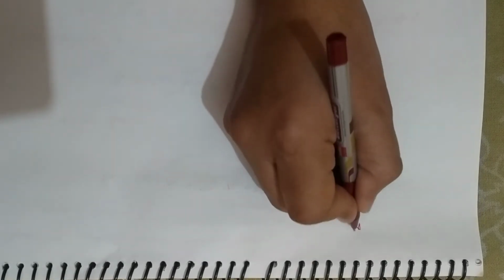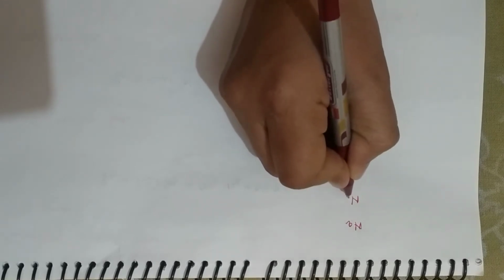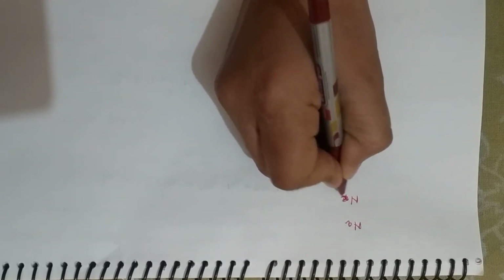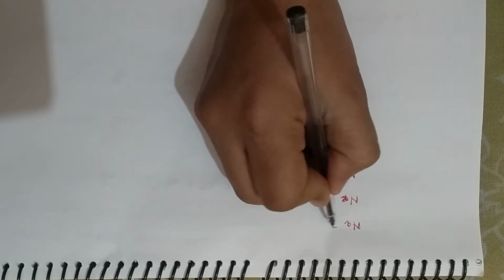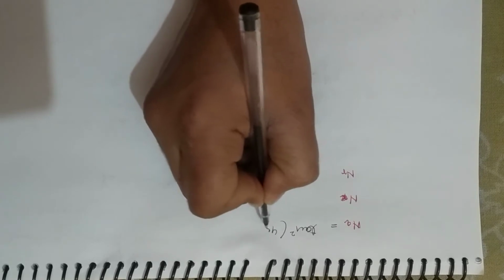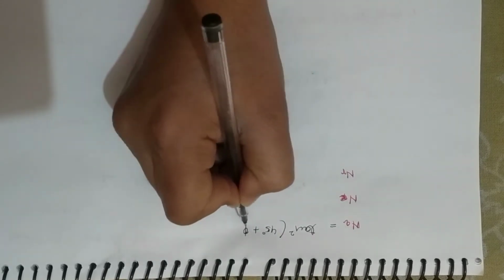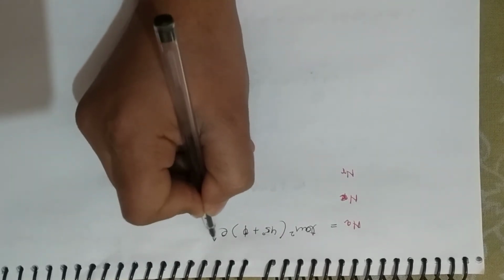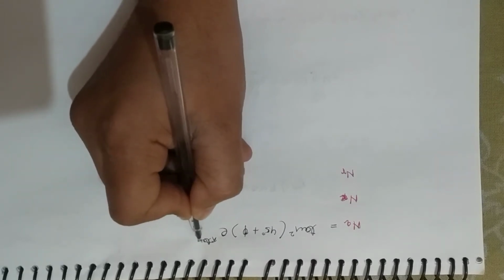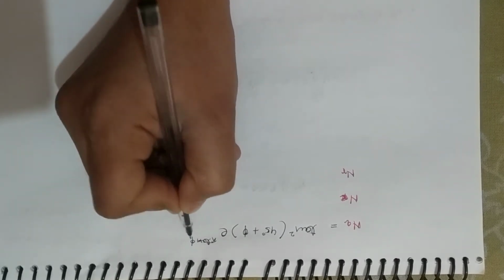According to Hansen, the values of Nq, Nc and N gamma are different. Nq is tan squared (45 degrees plus phi/2) e to the power pi tan phi dash.